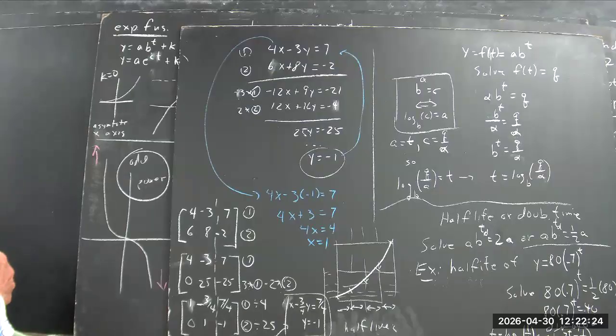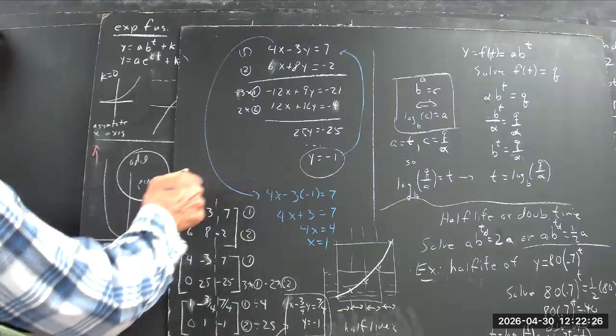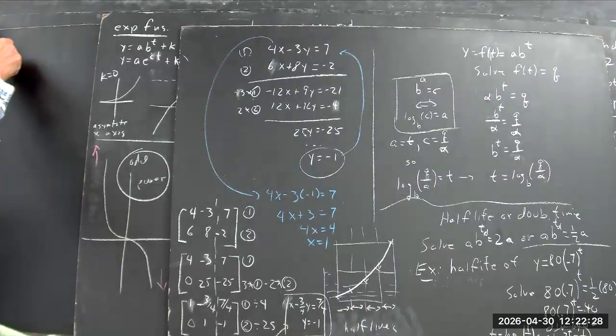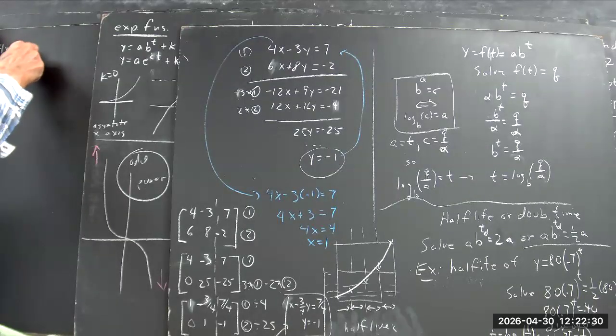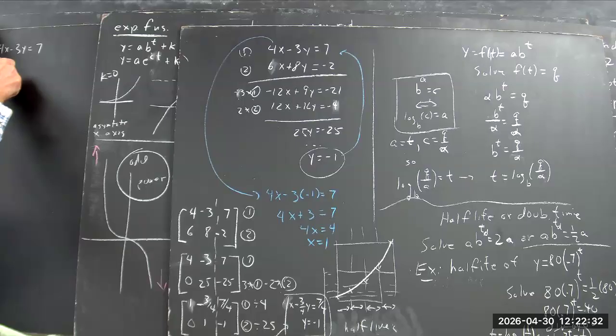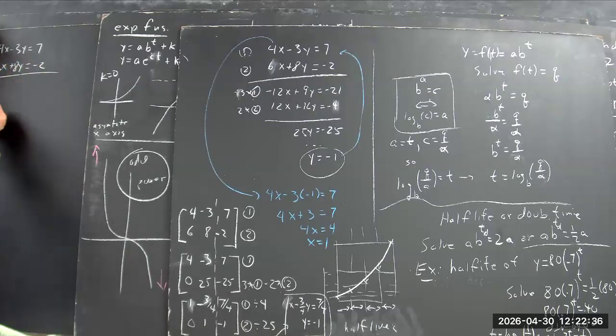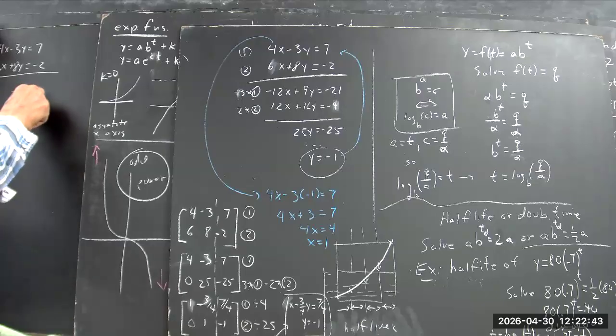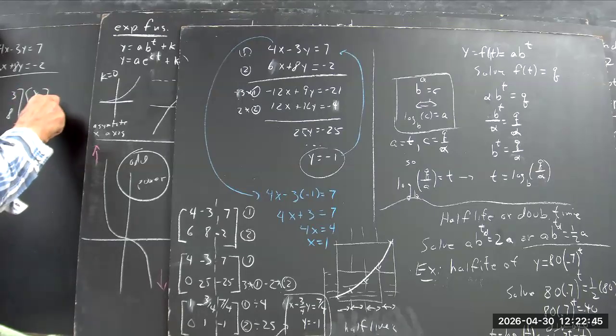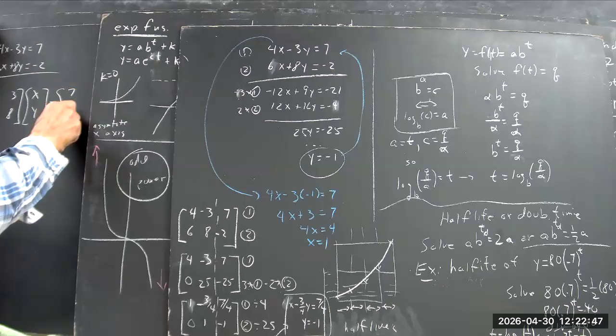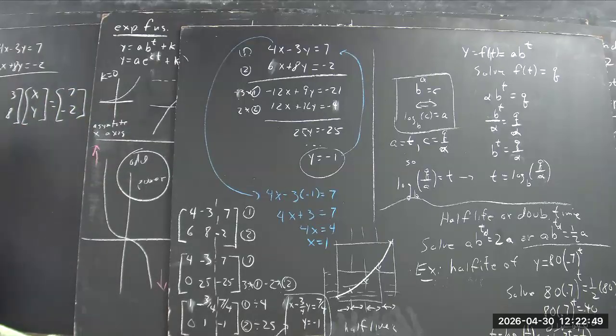Okay, again, the same equation. We'll write it out, 4x minus 3y equals 7, 6x plus 8y equals -2. Can be written as a matrix equation, 4, -3, 6, 8 multiplied by x, y equals 7, -2.